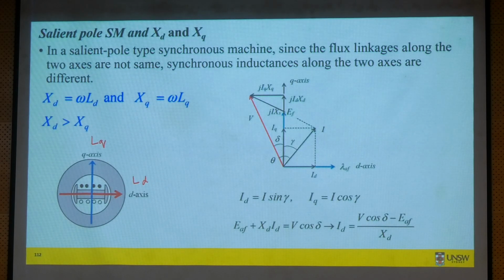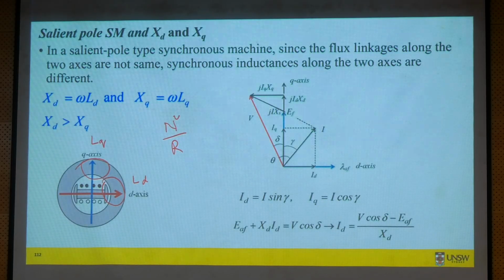This is for a conventional motor, okay? So why are they not equal? Their reluctances are not equal, right? The reluctances here and here and here are not equal, because in the D axis, the air gap is much smaller compared to the Q axis.